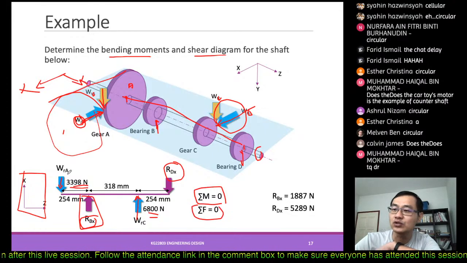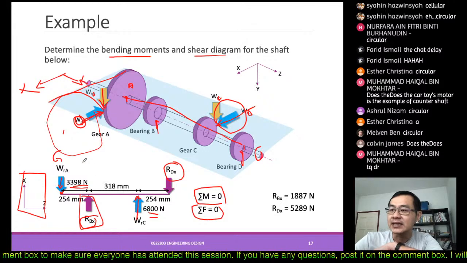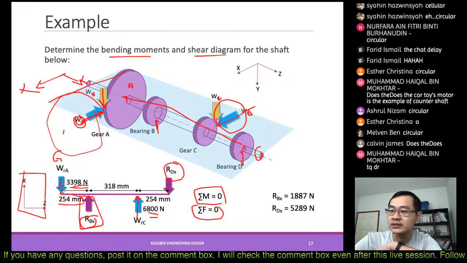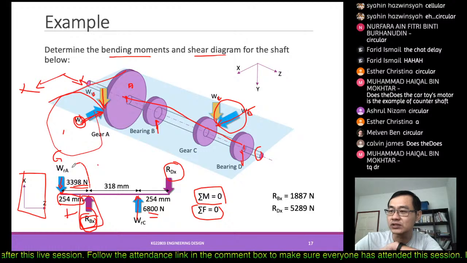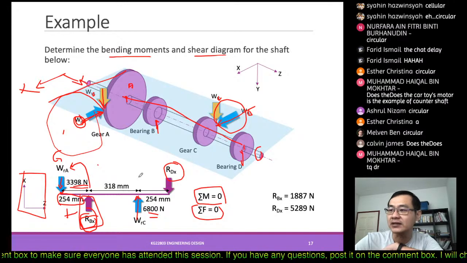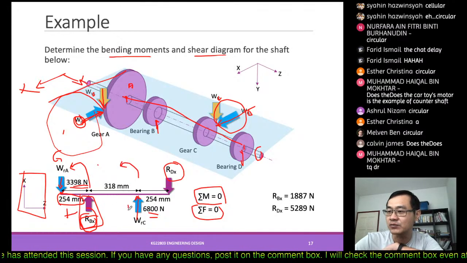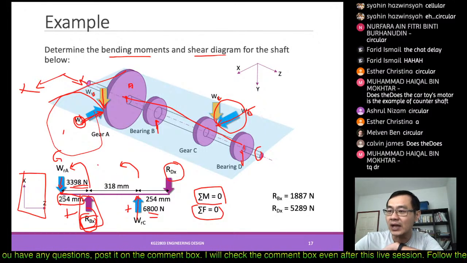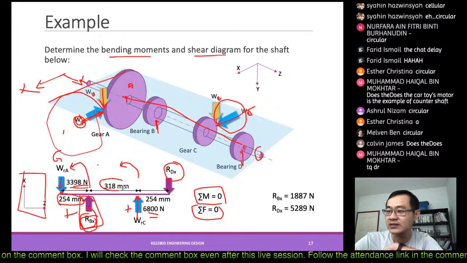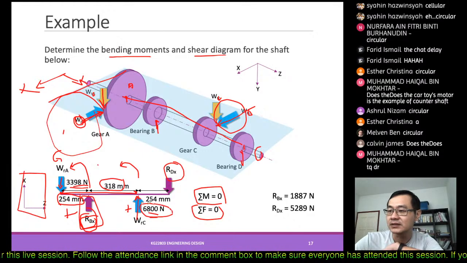You may want to take moment at point A, right? If we take moment at point A, then RB gives us 254 multiplied by RBX, in the positive direction, because this contributes to this rotation. Similarly, WRC 6800 contributes to this direction, so again it will be positive: 259 plus 318, to get this length, multiplied by WRC.